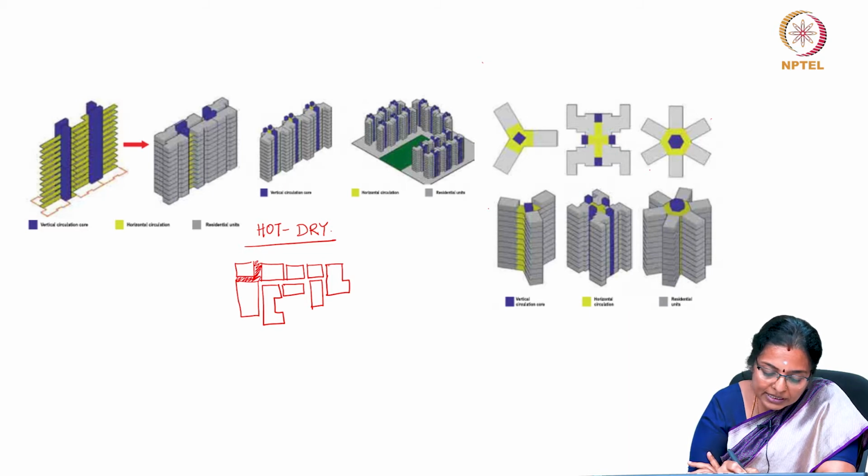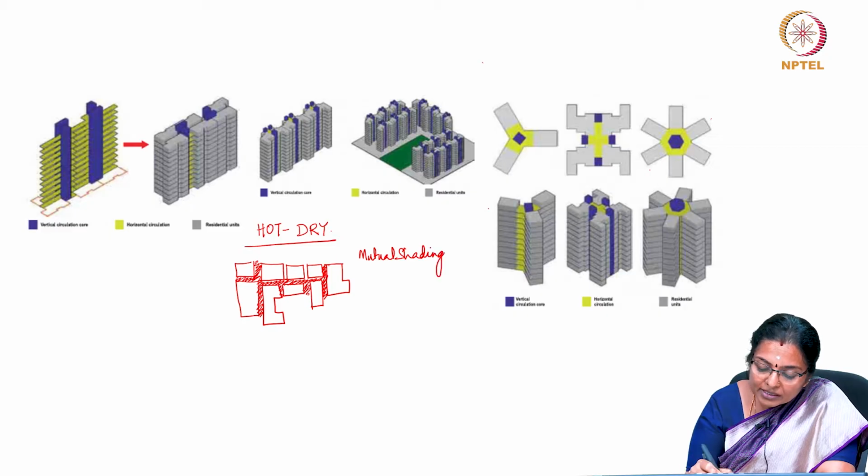So, what happens? You can see the streets are very narrow and that is how the design should be. When you have narrow streets and the buildings are placed closer to each other, all the houses will benefit from mutual shading.